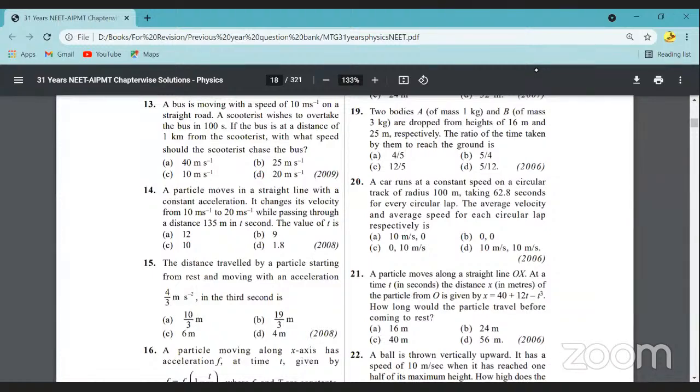Sir, 19A, 20C, and 21A. So you're doing 19A, okay, 20C and 21A.